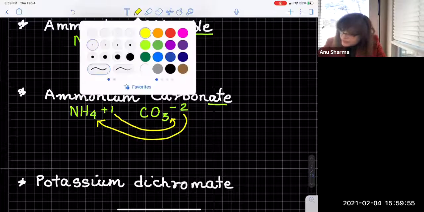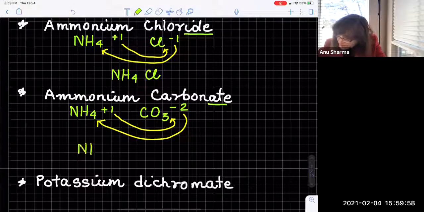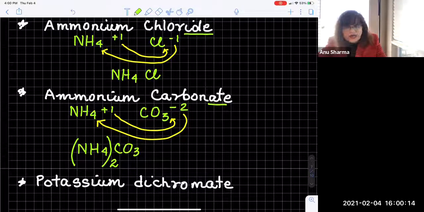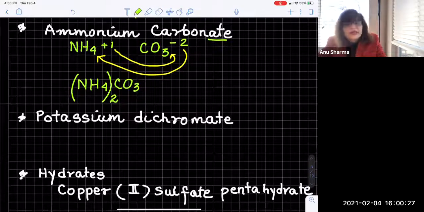So you write NH4 in parentheses, CO3, but we brought 2 down. So this means for every 1 carbonate polyatomic ion, you need 2 ammoniums to neutralize it. And it makes sense: carbonate has 2 negative charges, and ammonium has 1 positive charge. That's why you need 2 ammoniums to neutralize those 2 negative charges. Okay, so the molecules by themselves don't have any charge. It's all neutralized. Next comes potassium dichromate.